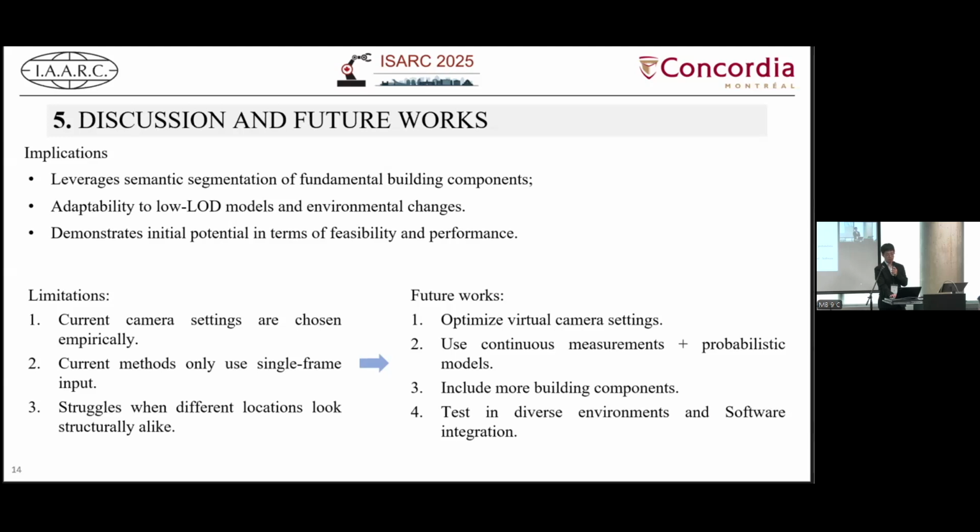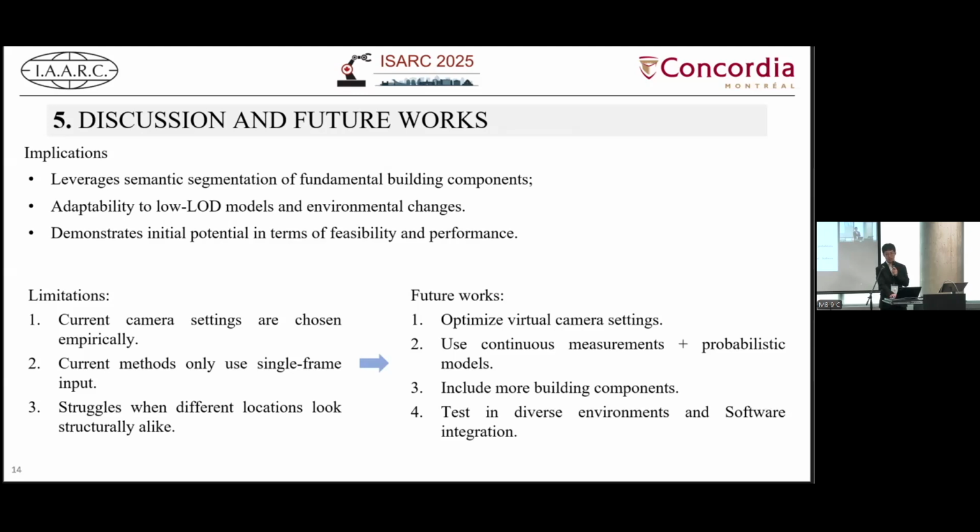Although this approach is currently at a proof of concept stage, it also demonstrates initial potential in terms of feasibility and performance. But we also have some limitations: the current camera settings are chosen empirically, the current method only uses a single frame input, and it also struggles when different locations look structurally similar.